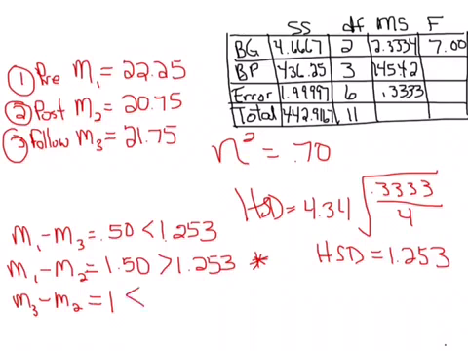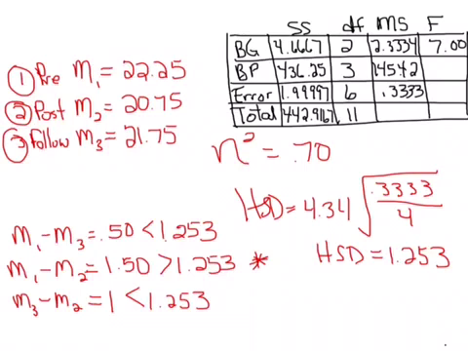That's less than 1.253. So that's not significant either. So we know that the only significant difference is between the pre and post as far as those distraction scores. So now we have everything we need to write our results.